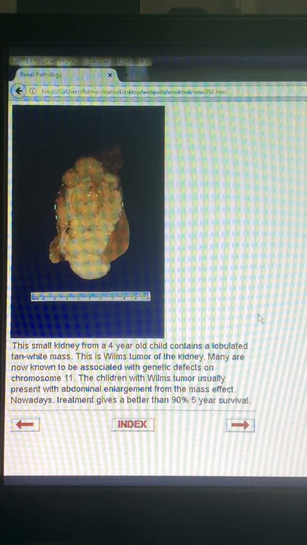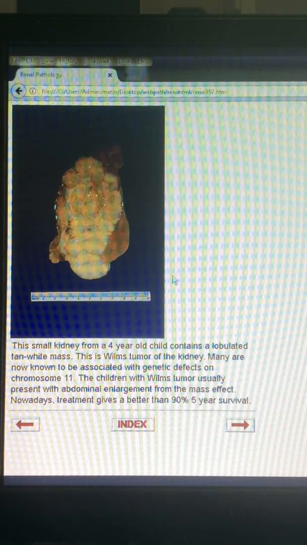What about children? What is the most common renal tumor in children? It is Wilms tumor. This is a classical picture of Wilms tumor, a lobulated, tan to white mass, mainly seen in children up to 9 years. And as you know, it's due to a defect in chromosome 11.